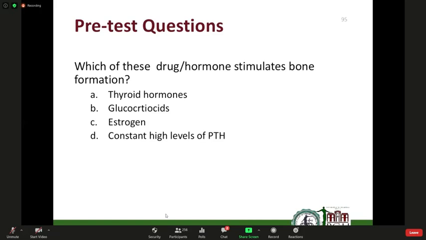Okay, which of these drugs stimulates bone formation? Ayan, dapat 100% yan. Is it thyroid hormones, glucocorticoids, estrogen, constant... mali rin to. May mali sa tanong. Pero sige, sinasagot na rin nila.